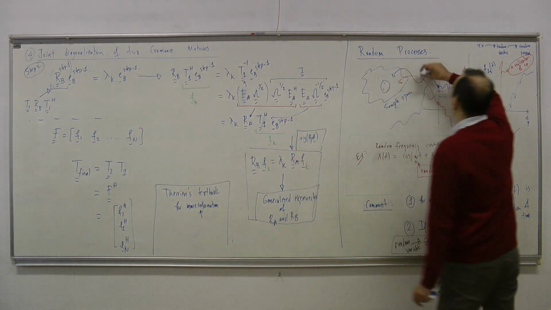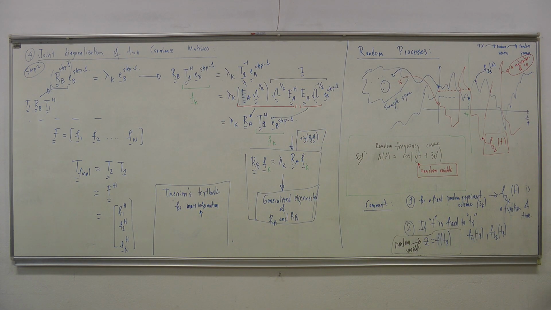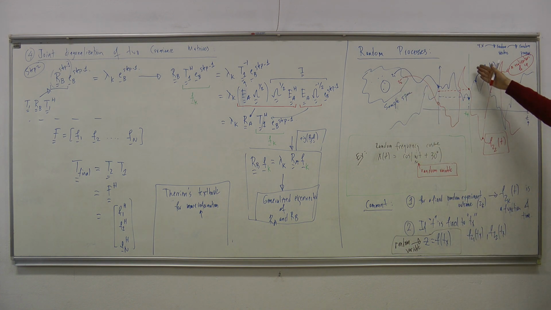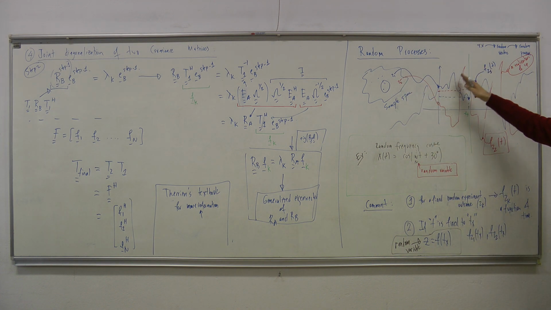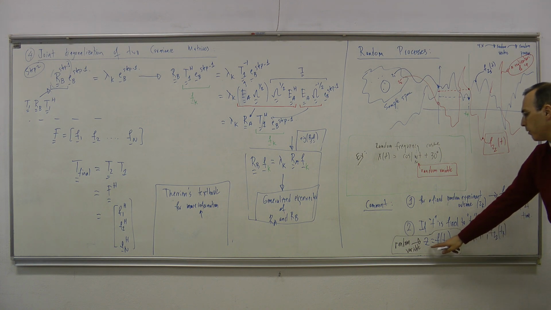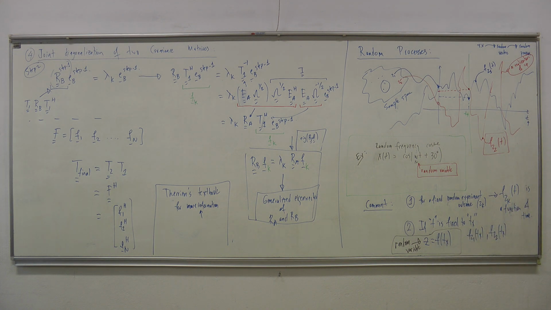Another realization of this random process is the blue function, and so on. So each one of these is a realization for a fixed random experiment and a fixed outcome. Now, if you fix the time index, then you have a random variable.